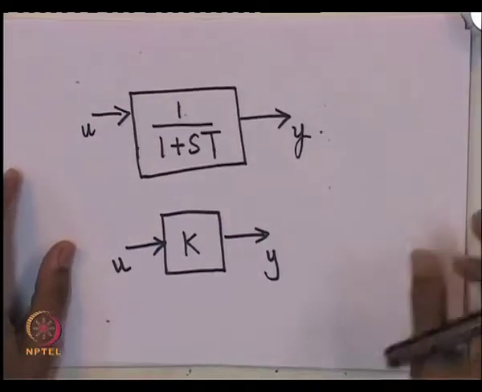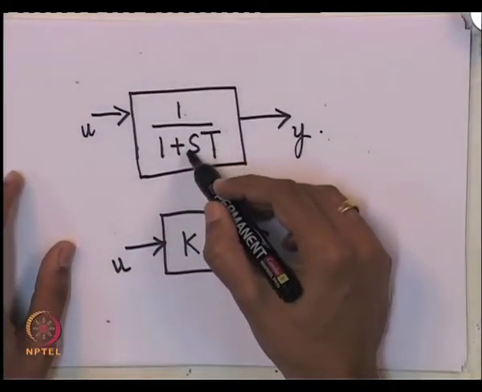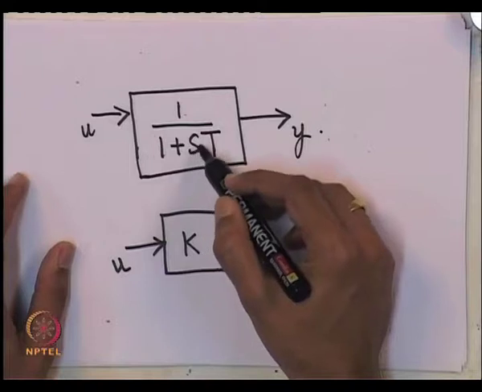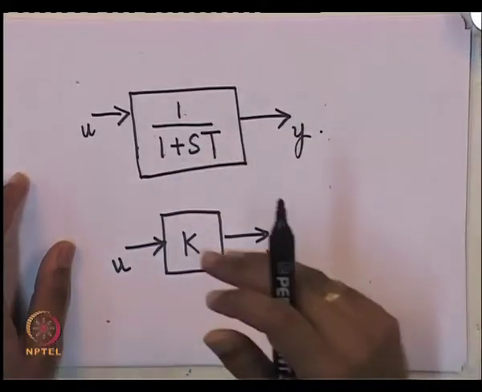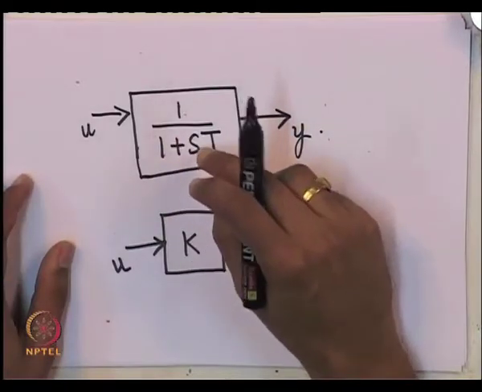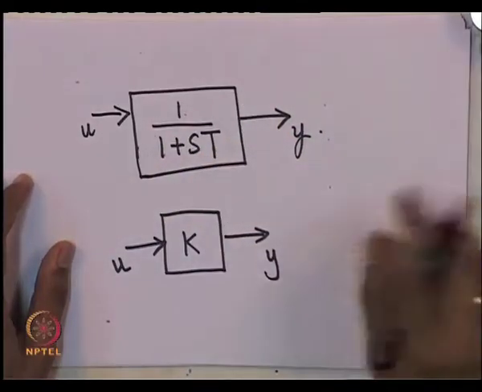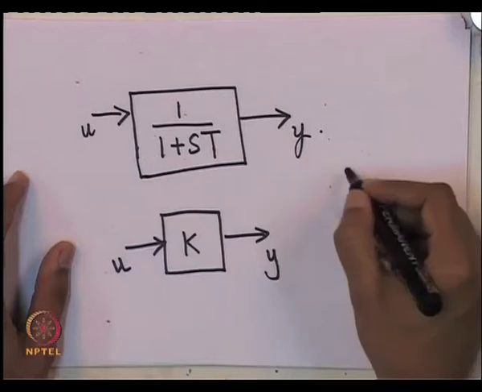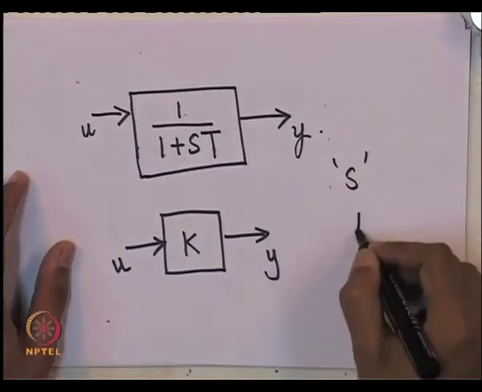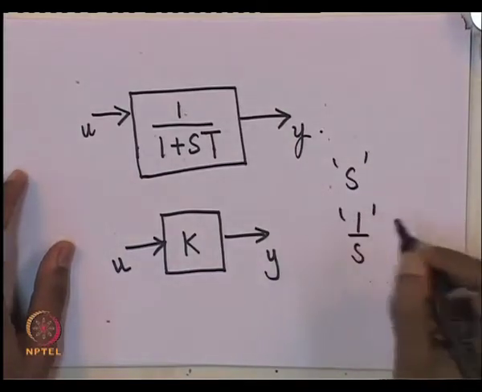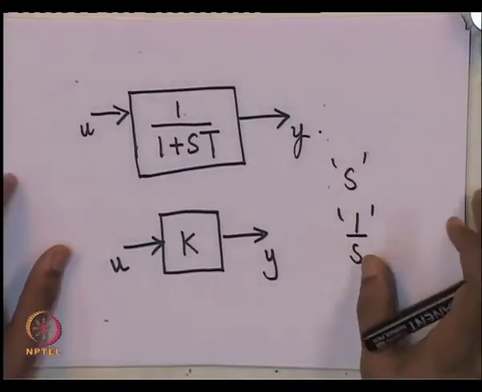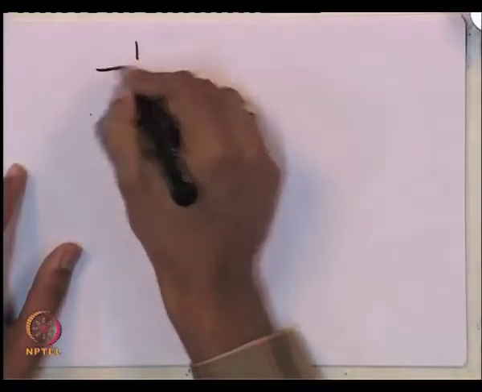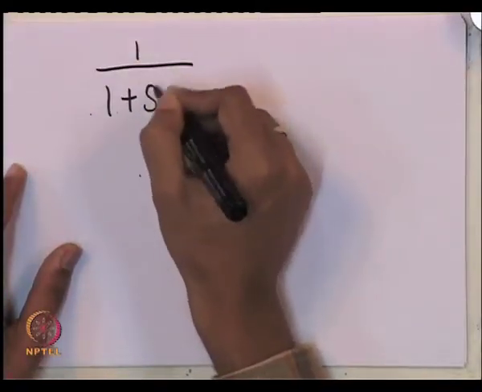In fact, in a transfer function block inherently or implicitly there is some numerical or actual integration being done. Okay. So, this s in fact is a Laplace variable, 1 over s represents an integration function, and s of course is a derivative function. So, what is 1 upon 1 plus sT derived from?